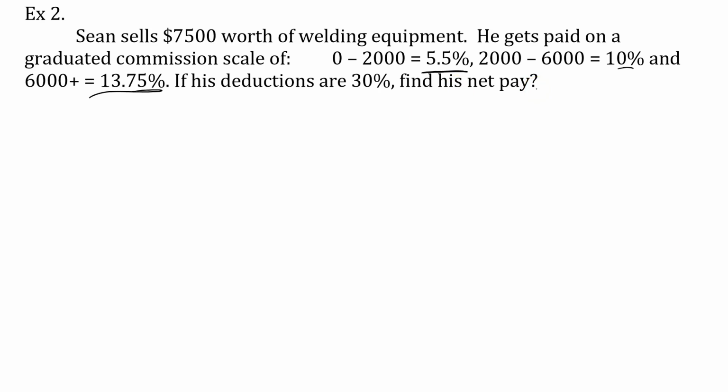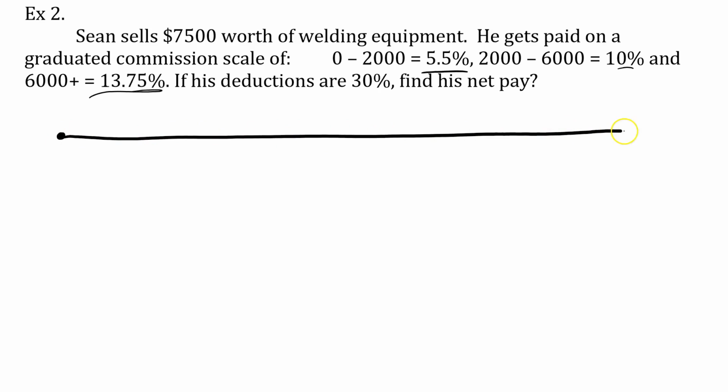So what I want to do right now is create my scale and make note of where the percentages change. So our first change in percentage happens at 2,000. So I'm going to go 2,000, where it changes from 5.5%, which is the same thing as 0.055, to 10%, which is 0.1.